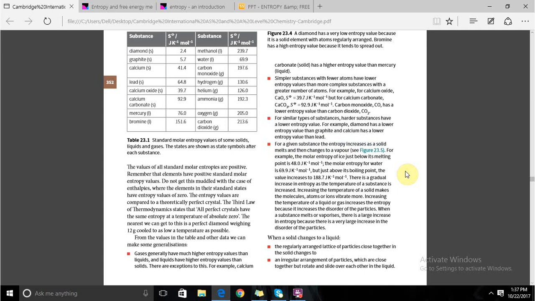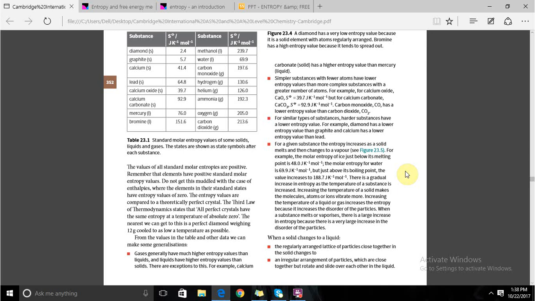For example, the molar entropy of ice just below its melting point, at -1, is 48, and the molar entropy for water just above 0 is 69.9. But just above its boiling point, the value increases to 188.7. So it is 69.9 in the liquid state, but 188.7 in the vapor state.